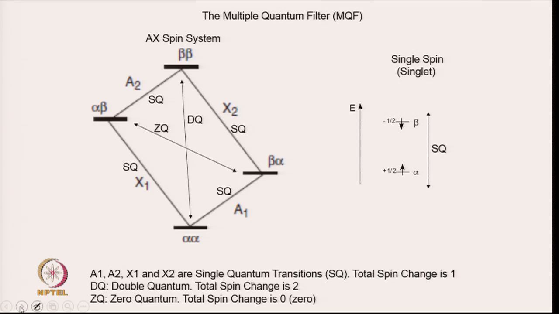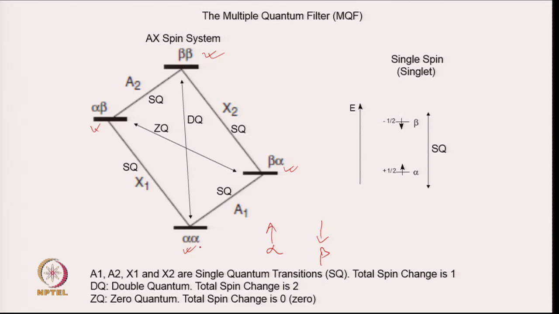Then comes the DQF, which is double quantum filtered COSY. Now, let us understand what we mean by double quantum or multiple quantum filters. If there are 2 spins, they can be in alpha alpha state, beta alpha state, alpha beta state, and beta beta state. Alpha means up spin, beta means down spin.